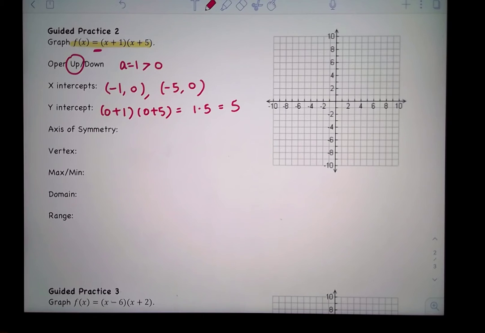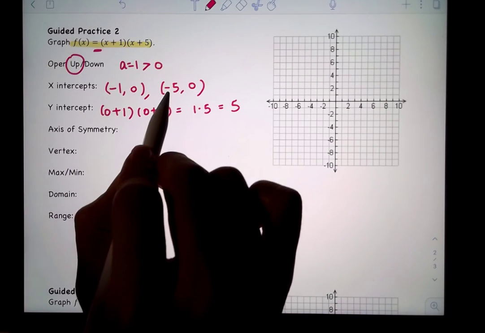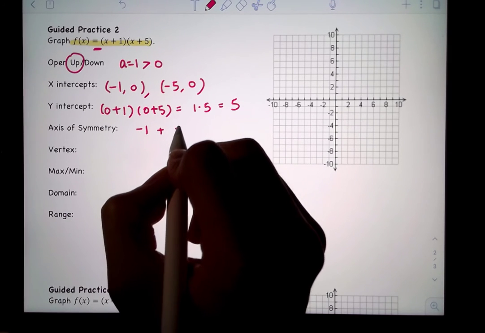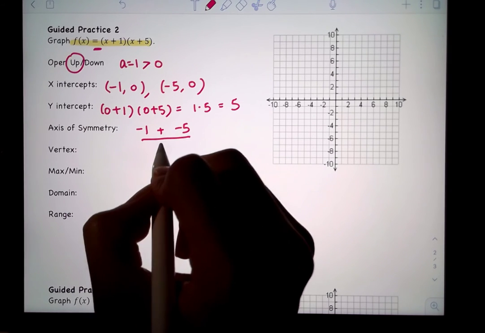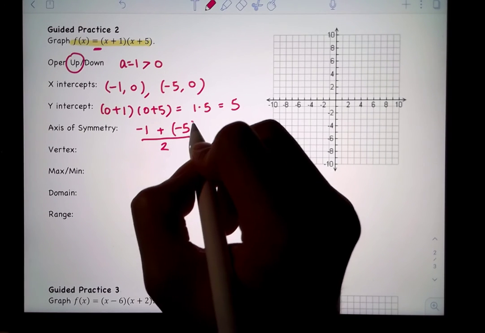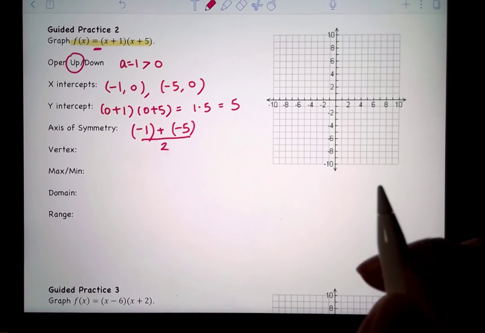And we need to get axis of symmetry, right? Told you axis of symmetry will be in the middle. So I'm using my x-intercepts: -1 plus -5 over 2. Because this is a negative value, I'm going to put the parentheses for that.